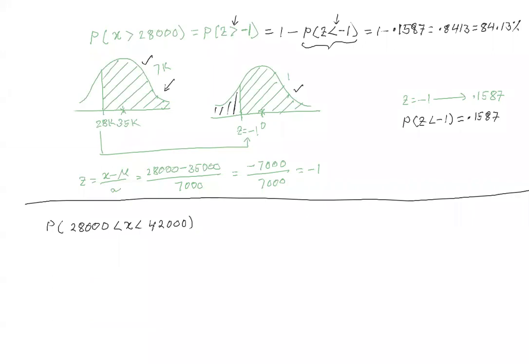Exact same information as before, but this time you are looking for the probability that a randomly selected person makes between 28,000 and 42,000. You may have to think a little bit, so take a couple of minutes and work on it.